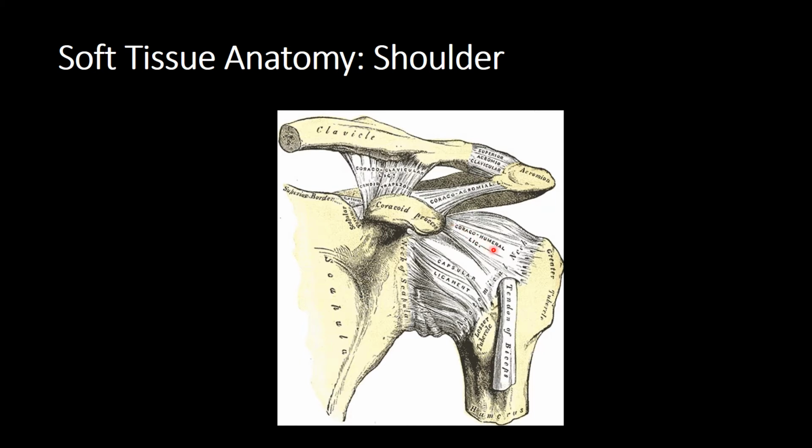The coracohumeral ligament is responsible for strengthening the upper part of the shoulder capsule, and it arises from the lateral border of the coracoid process, and it runs down in front of the greater tuberosity where it blends with the supraspinatus muscle.